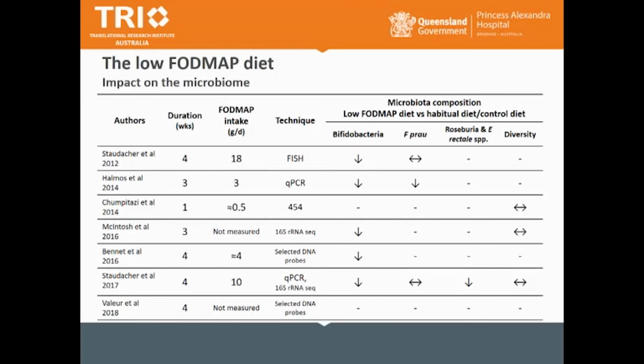Bearing in mind that the greater the diversity of species in the stool has generally been linked with health, and a lower diversity has been linked with chronic disease and so forth. And also bearing in mind that in irritable bowel syndrome, a proportion of patients do have an altered microbiota, and a consistent finding is that diversity is lower in these patients. So I think this is potentially reassuring, if anything.